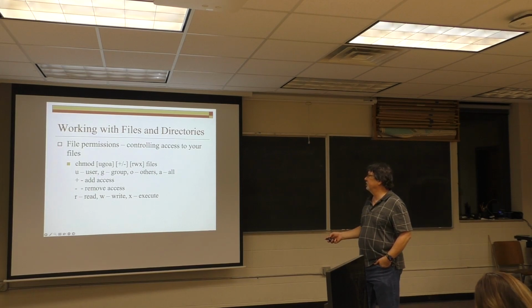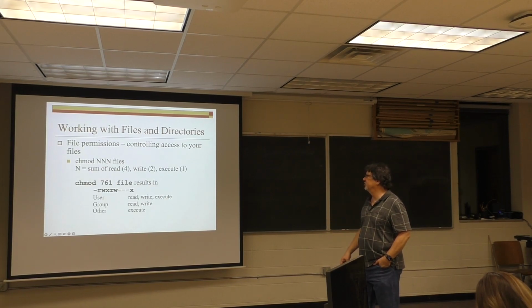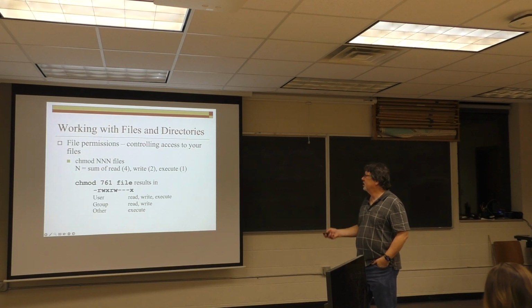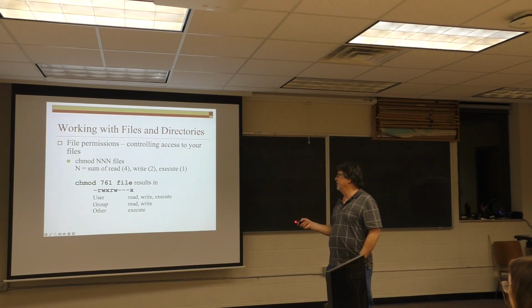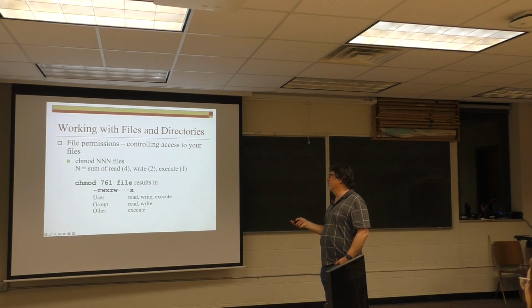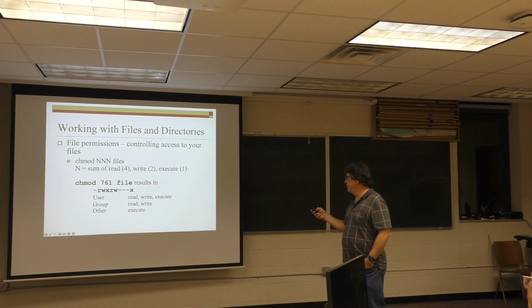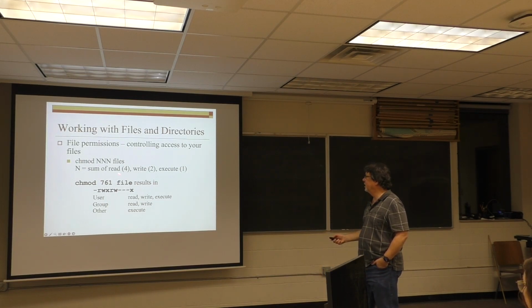There's another way of doing it numerically, which you may have run into in 452, where it would be a 3-digit number. It's the sum of 4 for read, 2 for write, and 1 for execute.